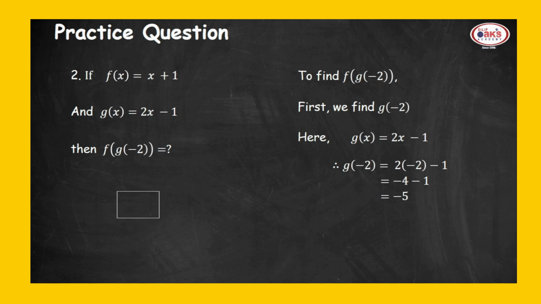Next, we should find out f of minus 5. But f of x is simply x plus 1, therefore f of minus 5 is minus 5 plus 1, which is equal to minus 4. And hence, by entering the answer as minus 4, we will conclude this question successfully.